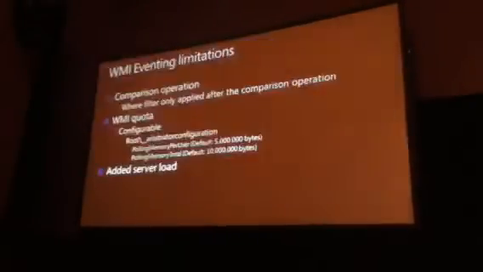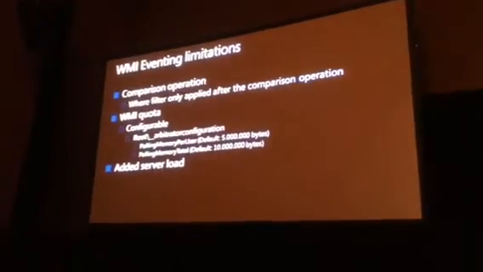So if I request the instances of those, I can go in and start increasing these to a slightly higher number and allow us to go for a bigger quota. The more you add to it, obviously, the more load you add to the memory of your server. So that's the downside of using WMI eventing.